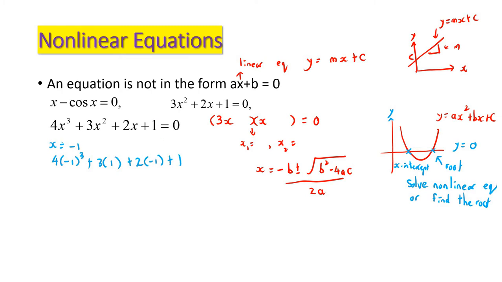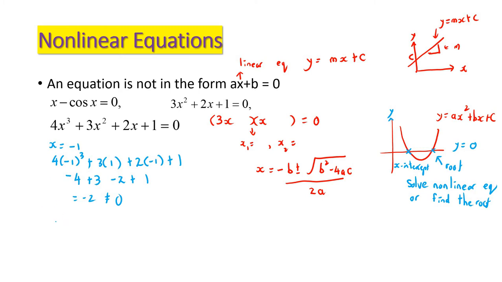Whether you can get 0? If you can get 0, then x equal to negative 1 is the root. So you have negative 4 plus 3 minus 2 plus 1. The answer is negative 2, not equal to 0. So x equal to negative 1 is not a root. You have to guess one by one until you find the first root.